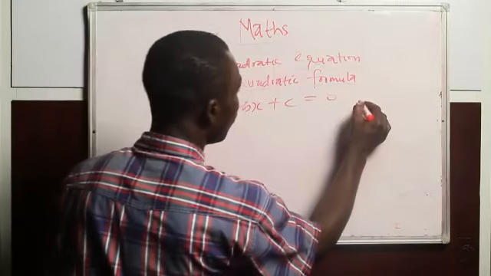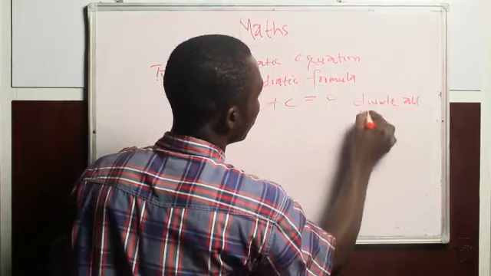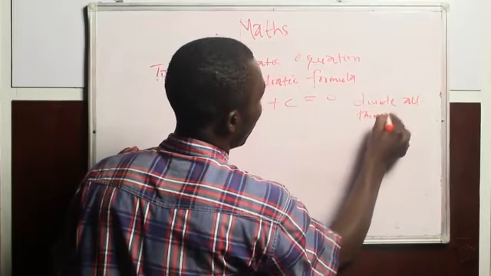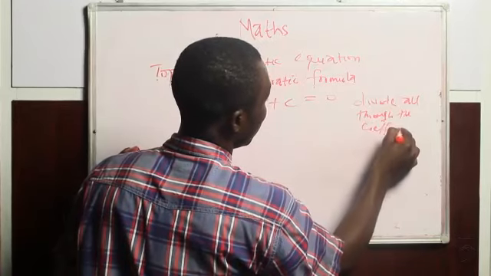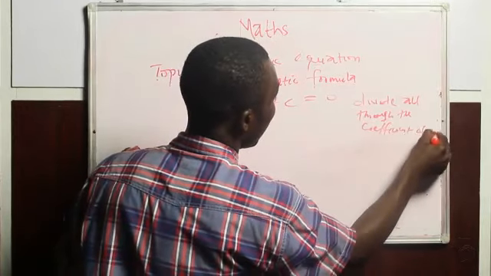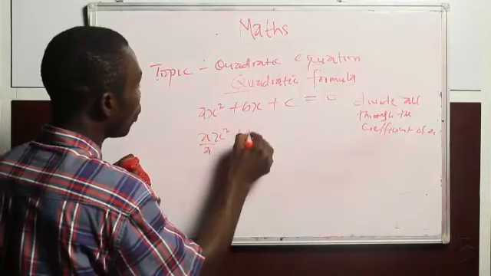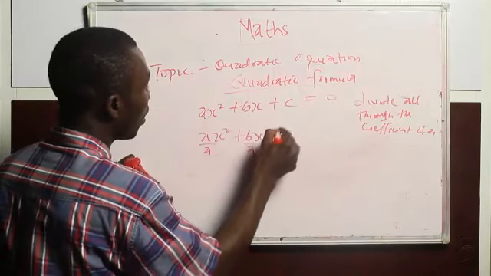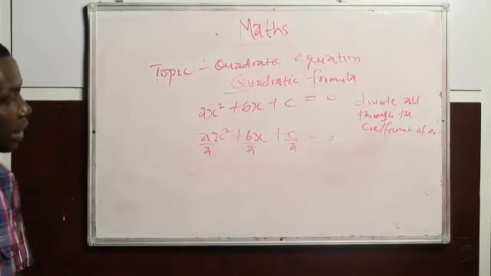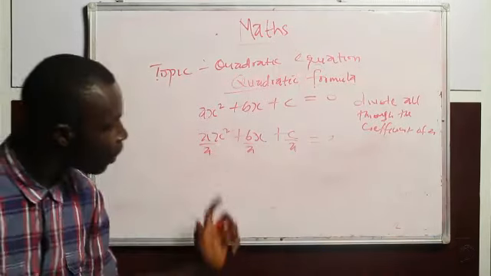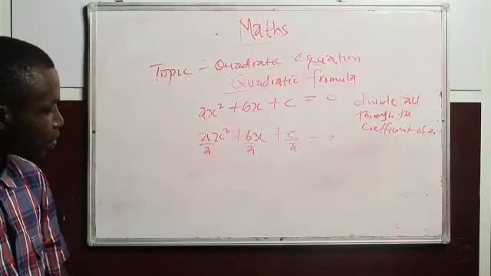The first step you do, divide all through the coefficients of a, that is ax squared over a plus bx over a plus c over a equal to 0.